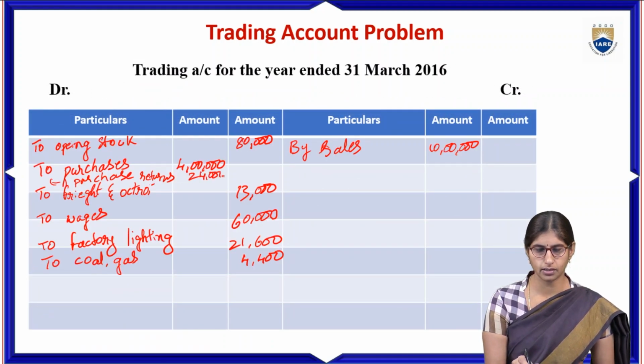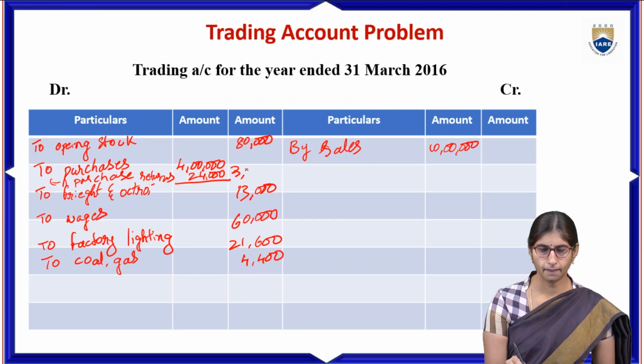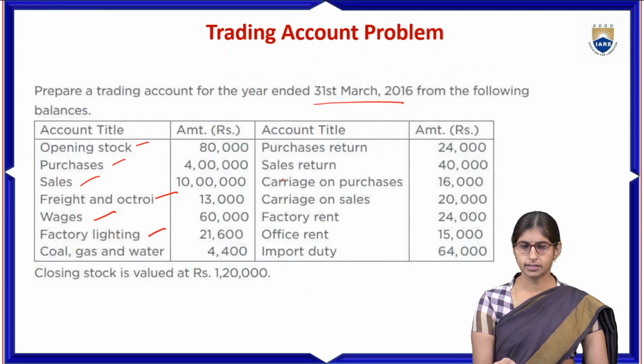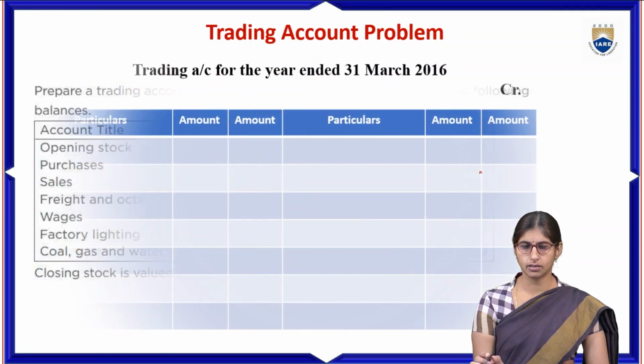We have to deduct 24,000 from 4 lakhs. That is 3 lakhs 76,000. So in the outer column we have to write 3 lakhs 76,000.